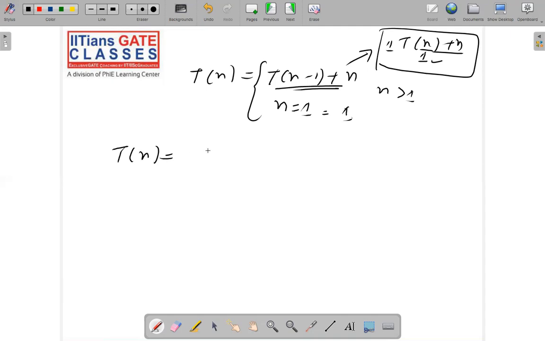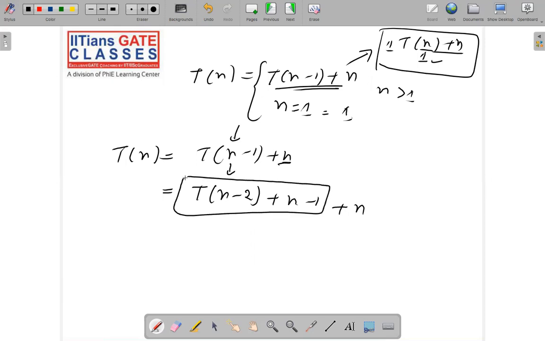If we write T(n) = T(n-1) + n, then replace this T(n-1). What is the value of T(n-1)? T(n-1) is basically T(n-2) + (n-1), and n is already there. Why have we written it like this? If you look at the recurrence relation, it says that T(n) is equal to T(n-1) + n.